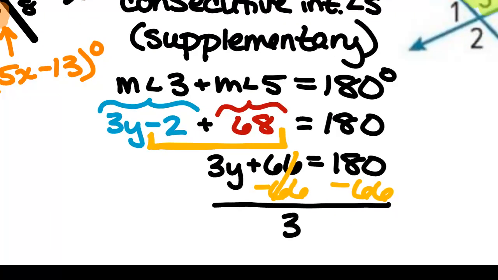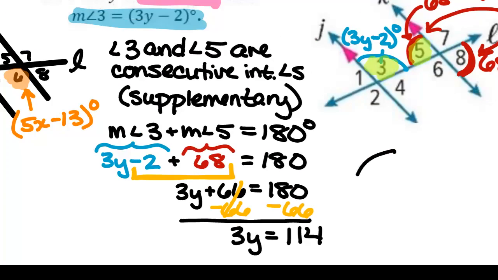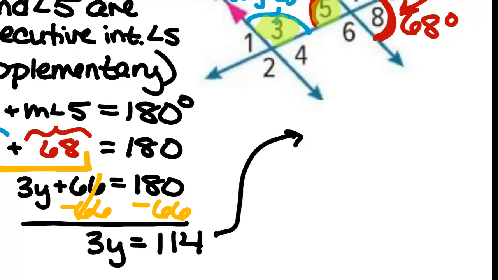So 3y equals what? 180 minus 66. 114. So 3y equals 114.